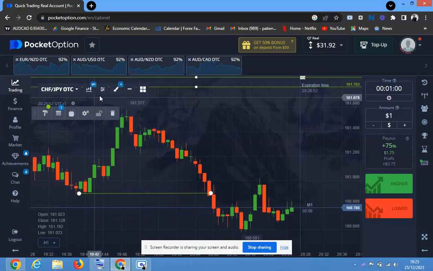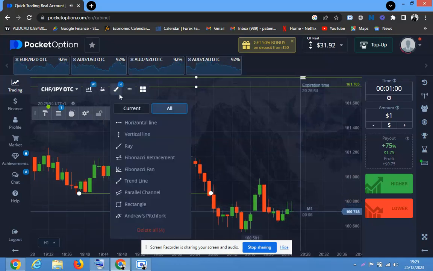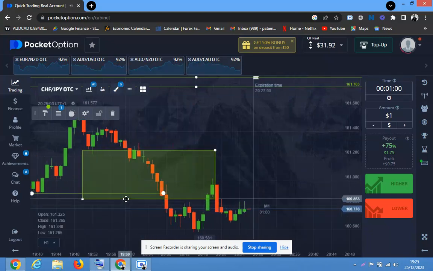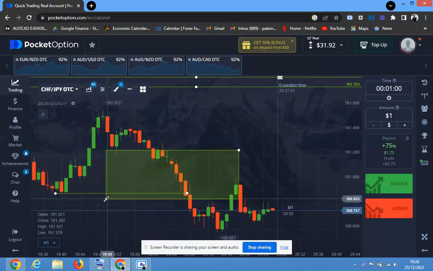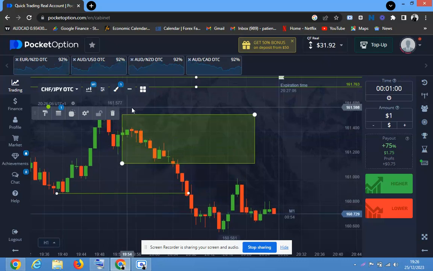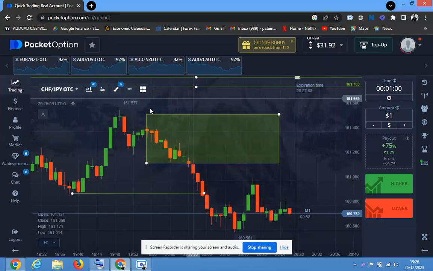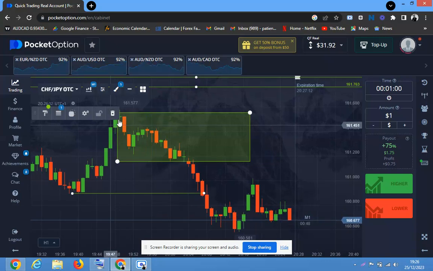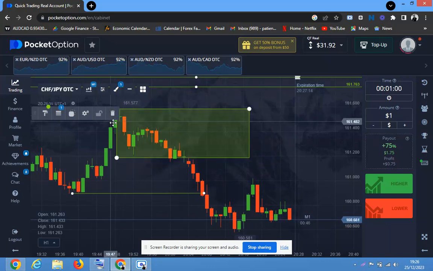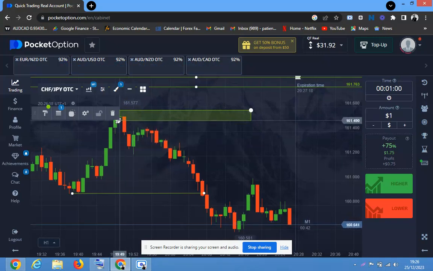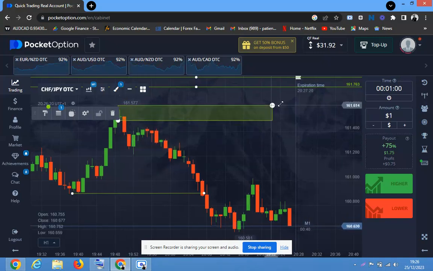So if I decide to take the trade as a put option, these are where I can consider a put option, or a lower option entry. I can consider a lower option trade here.